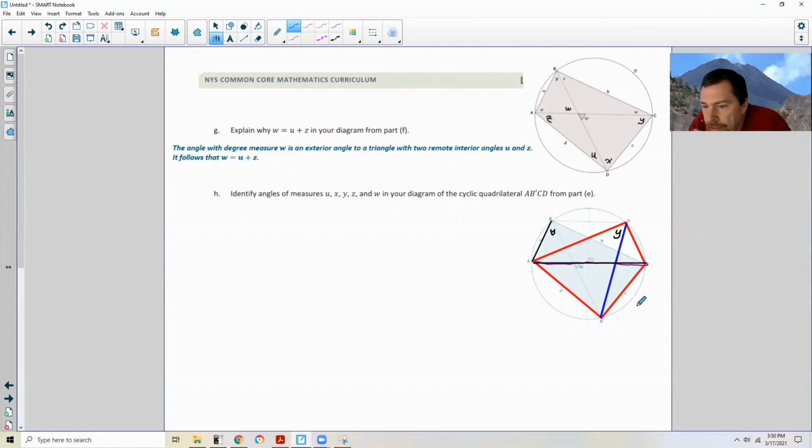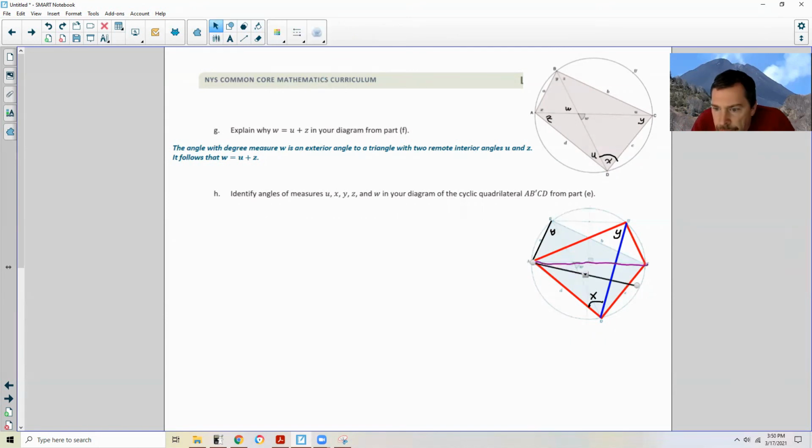So let's see. This was a reflection. So X was over here, and now X is over here. X is now A, B, B prime. So if I look at that, can I find any more X's?